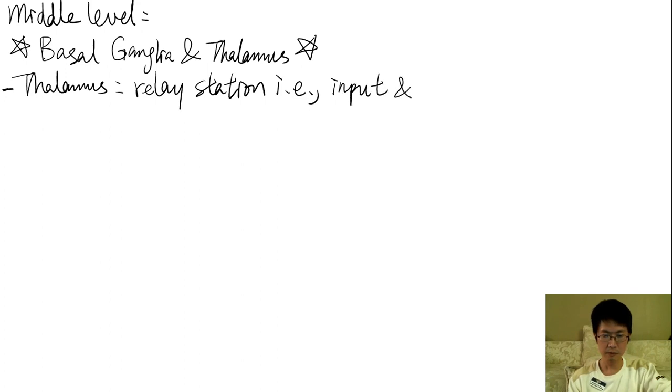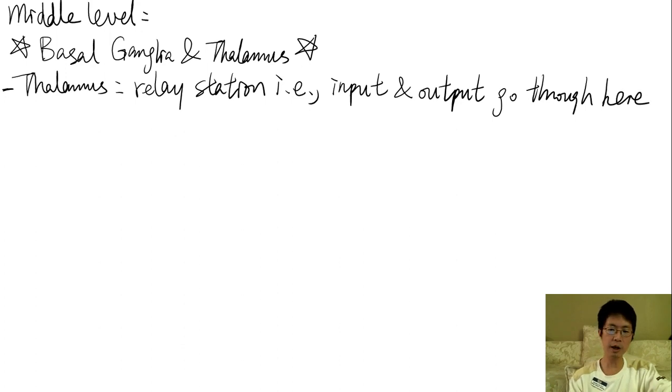The input and output go through here. What do I mean by input and output? The input, namely the sensory, what you feel. Output, motor, what is your response? Okay, your response.